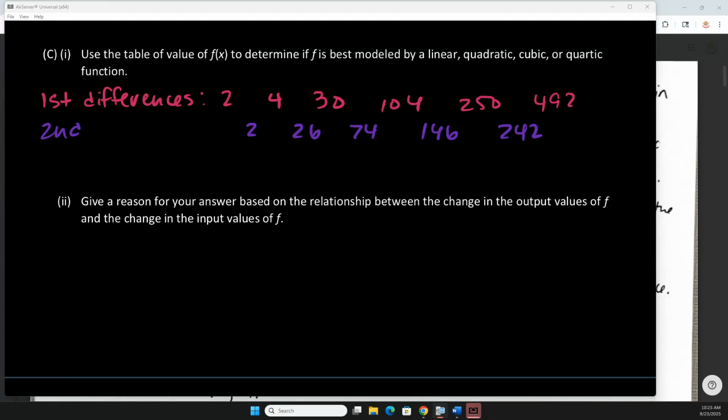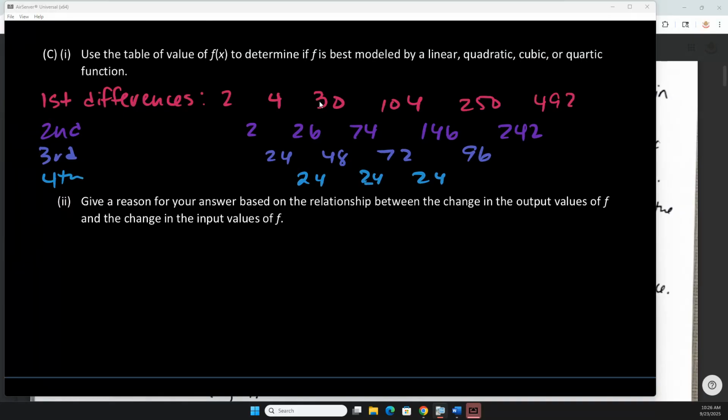If they were all the same number, it would be quadratic. All right, we'll go to the third differences. If they were all the same number, it'd be cubic. So hopefully these are going to be the same number. We're running out of options. And then we do get 24.